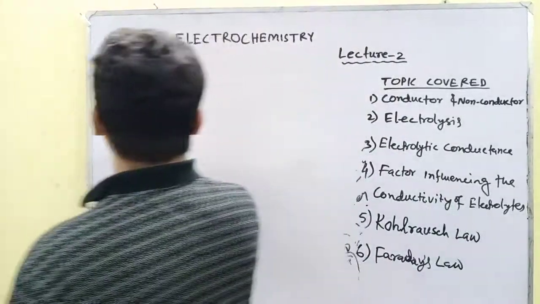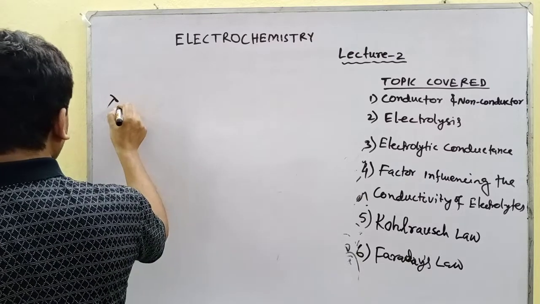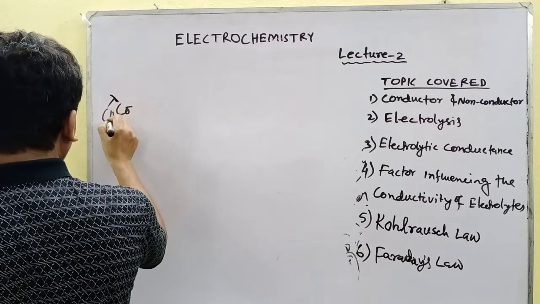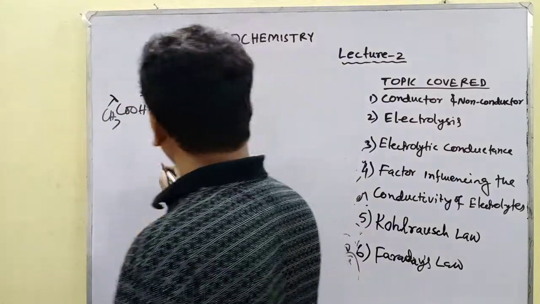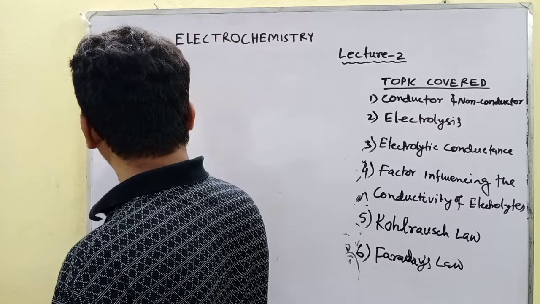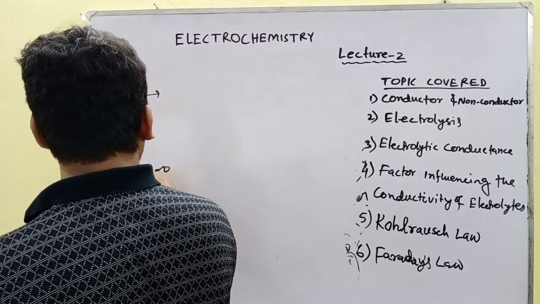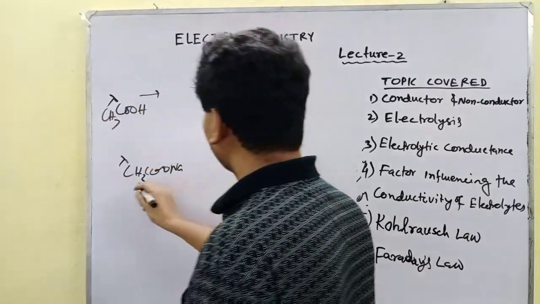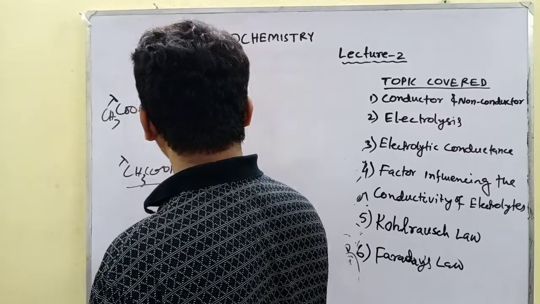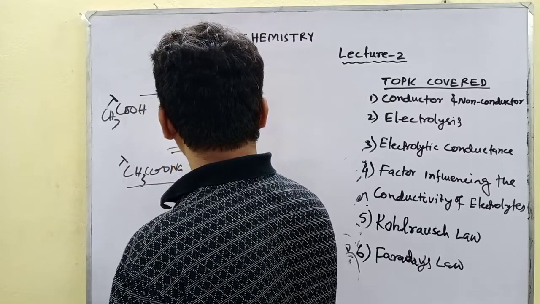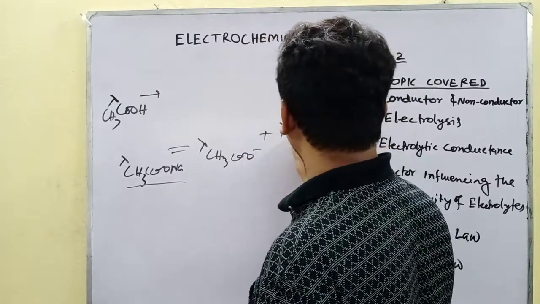How? Let us consider lambda 0 of acetic acid. If we write lambda of CH3COONa, this is a strong electrolyte. It can be converted as lambda of acetate plus lambda of Na+.